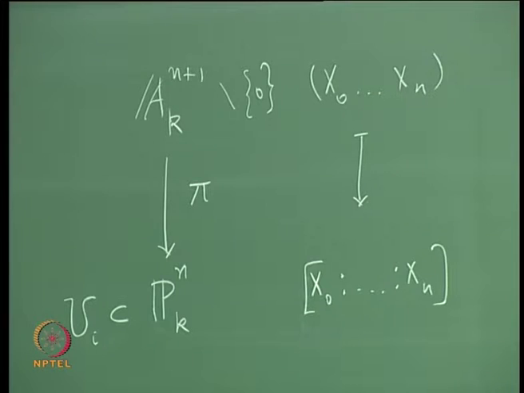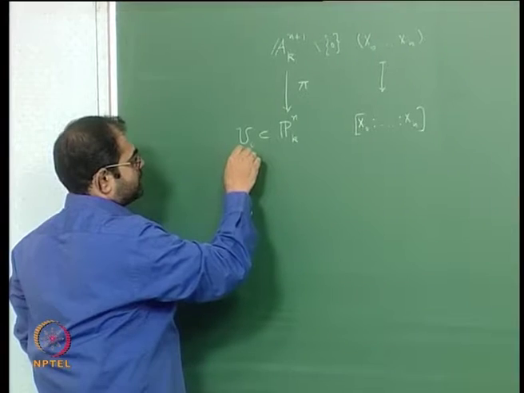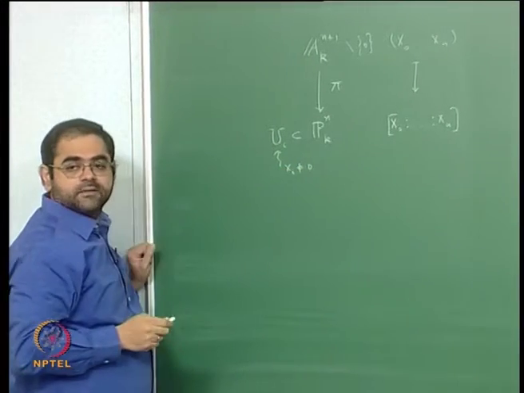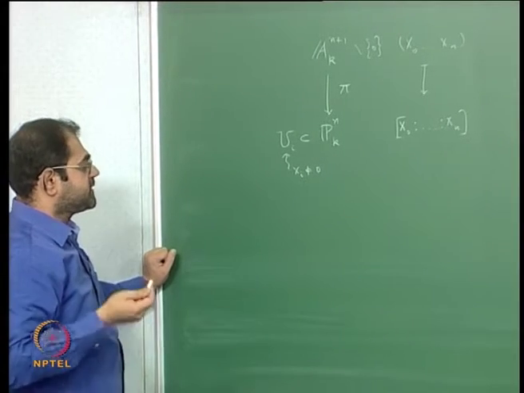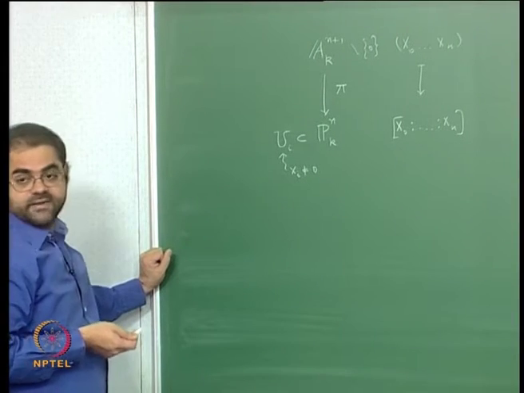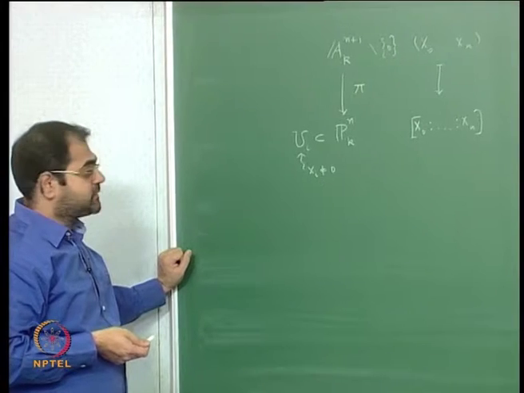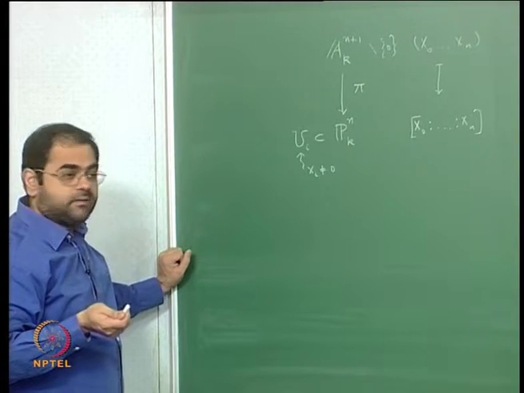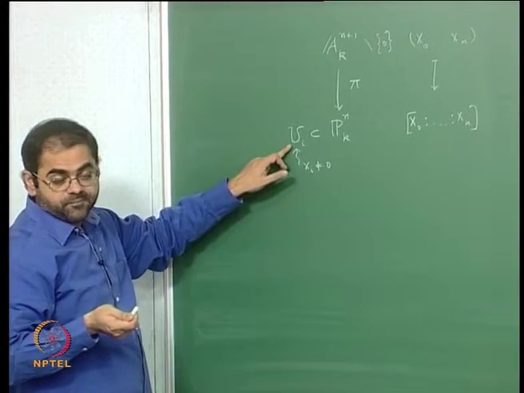Ui corresponds to xi not equal to 0. This is an open subset because its complement is the zero set of xi, a homogeneous polynomial of degree 1, so it is the complement of a closed set, so it is an open set.